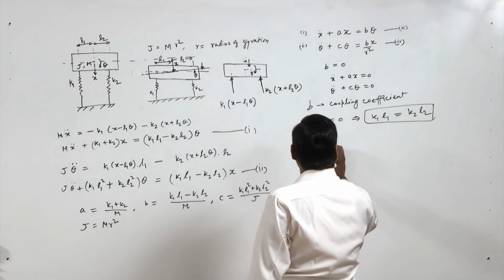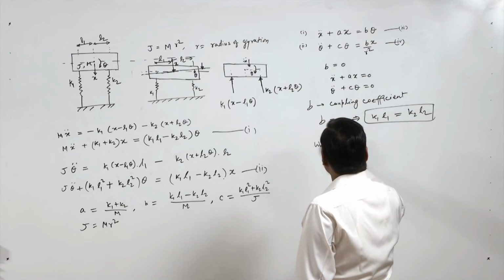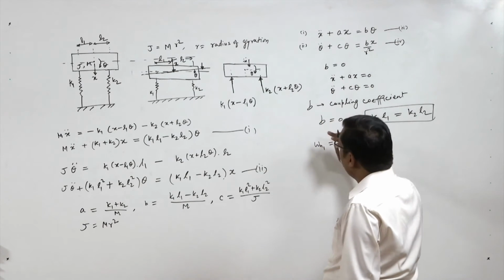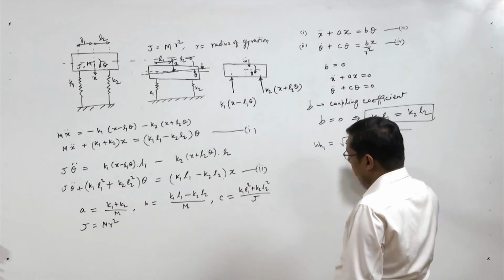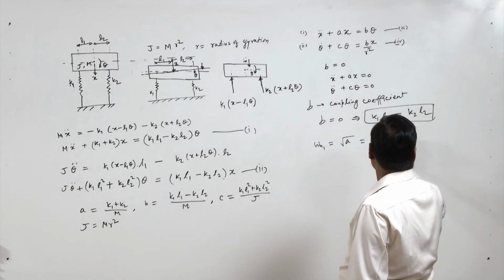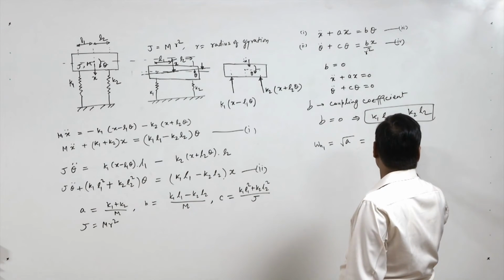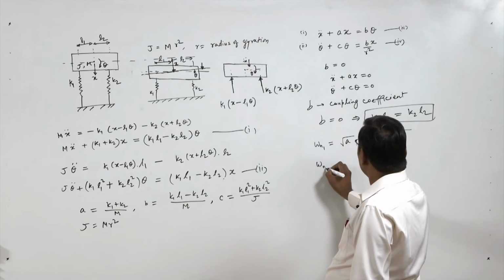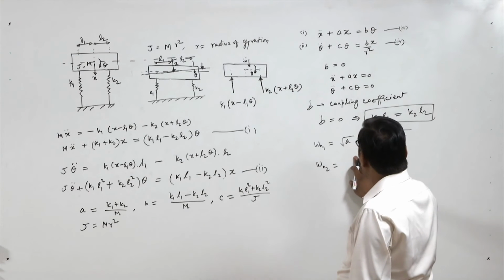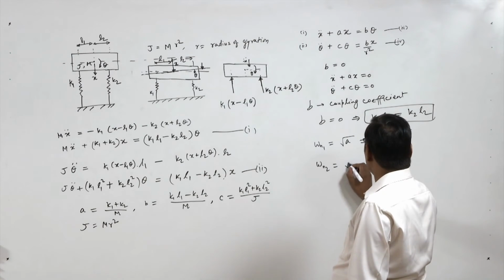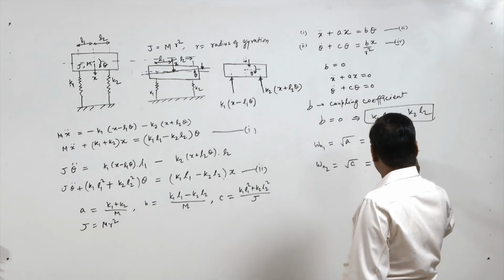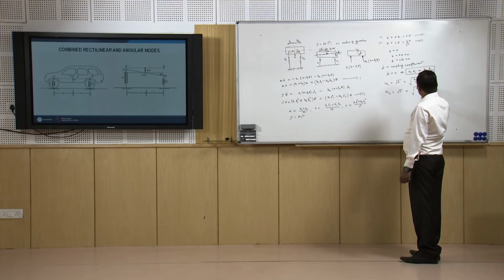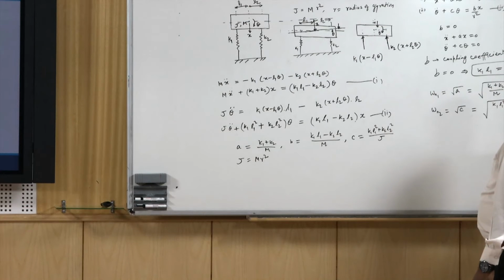Omega n1, the natural frequency in the linear direction, is under root A, equal to k1 plus k2 by m. Omega n2, the second natural frequency of the uncoupled system, is under root C, equal to under root k1 L1 square plus k2 L2 square by J.